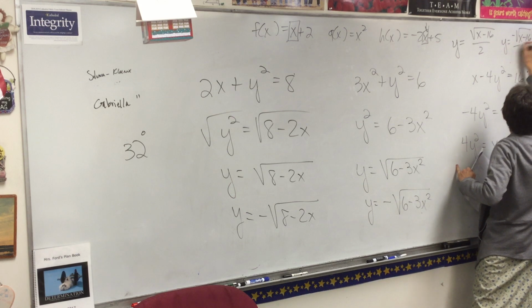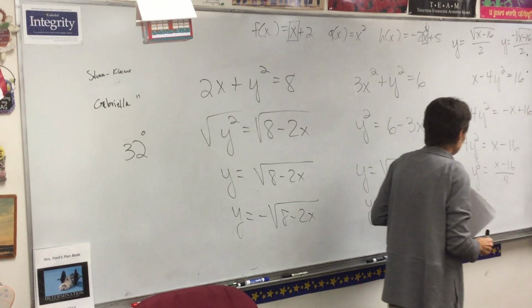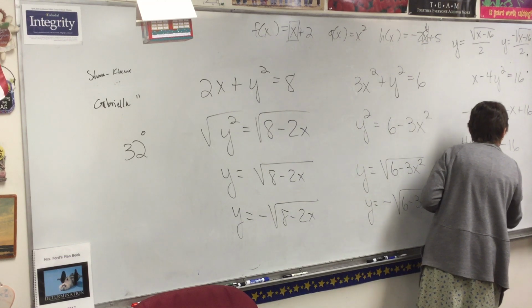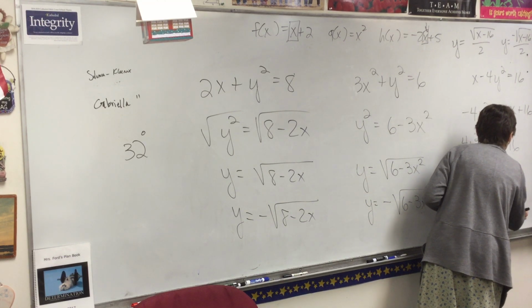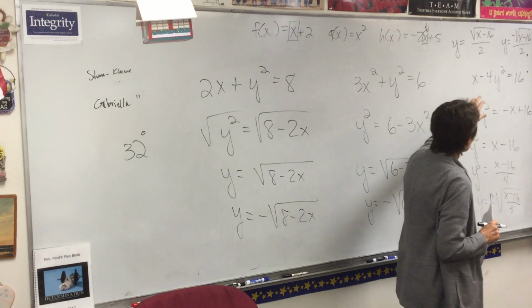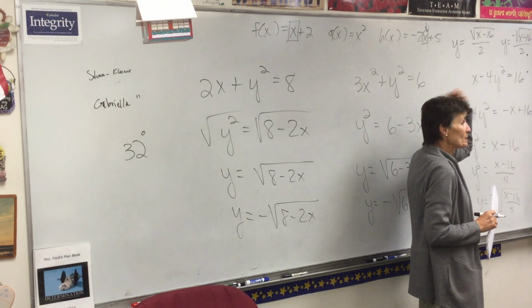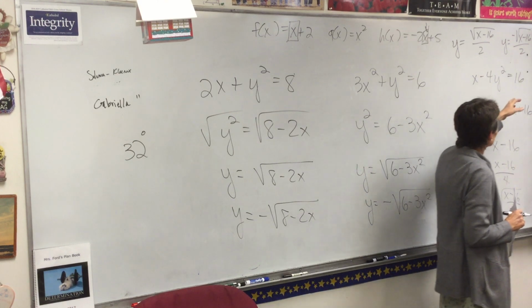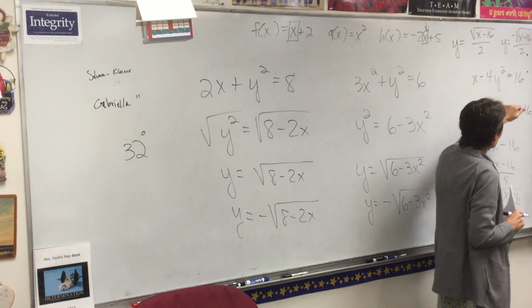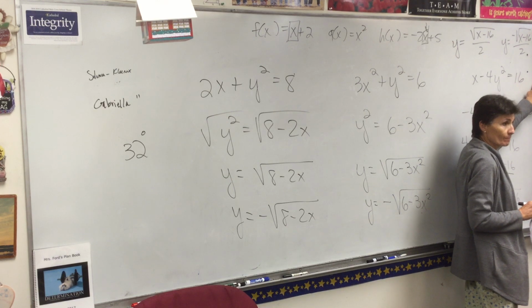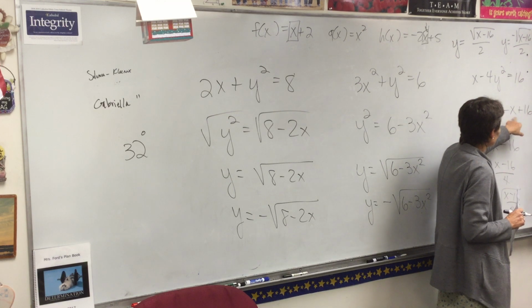All right, now let's talk about what I did here because I don't want anybody to be confused. First thing I did was move my x over. Now I was kind of thinking ahead. When I moved my x over, I could put minus x on the end, or I could put minus x at the beginning, right?